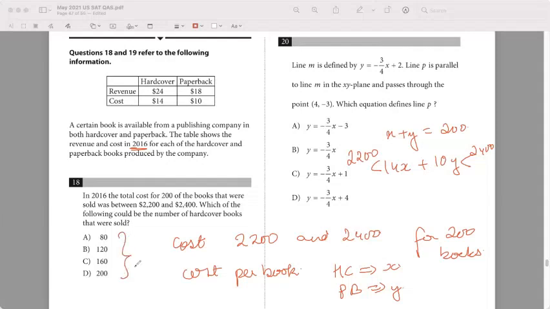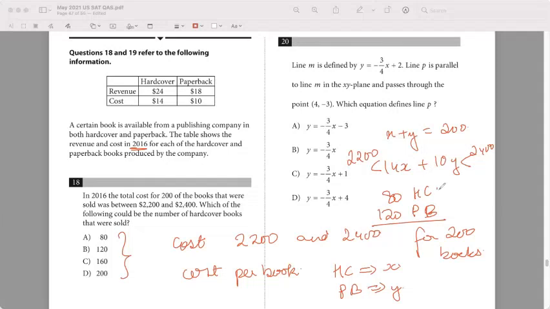Now, let's say I work with the options. So let's say I take 80 hardcover books. So if there are 80 hardcover books, there are 120 paperback books, right? So what is 80 into 14? Let's plug that in the calculator. 80 multiplied by 14 is 1120.